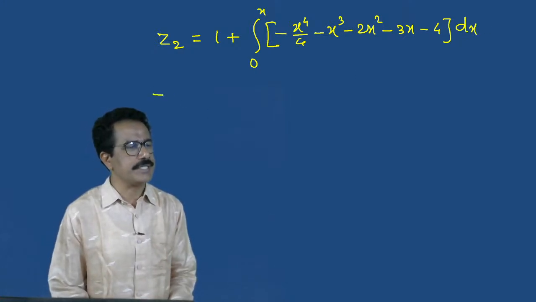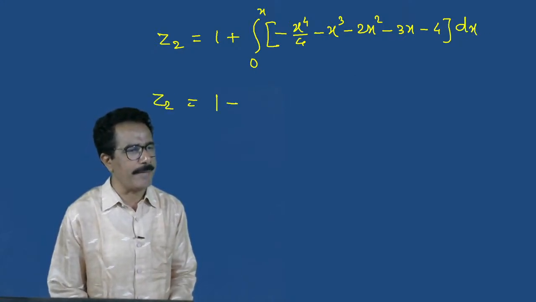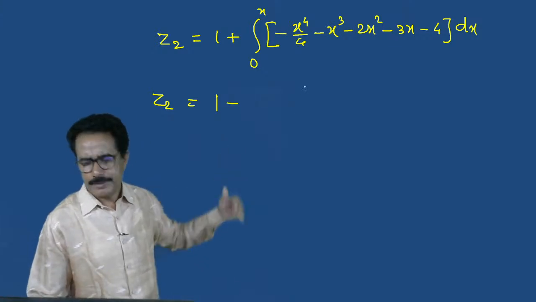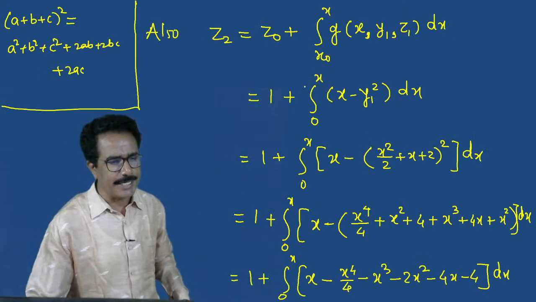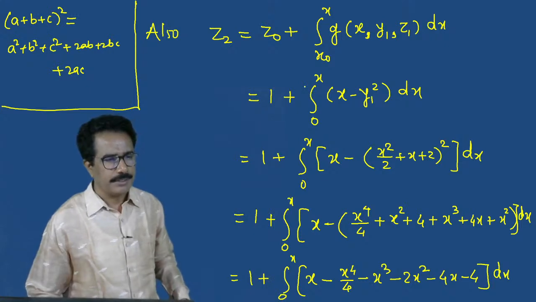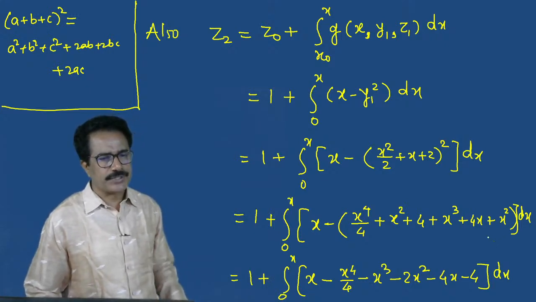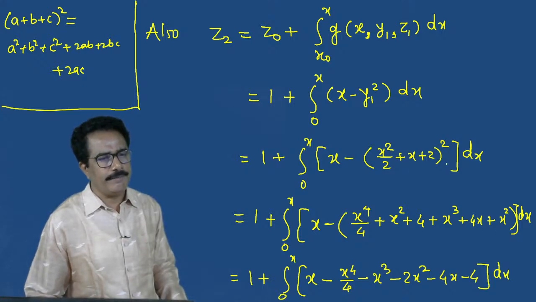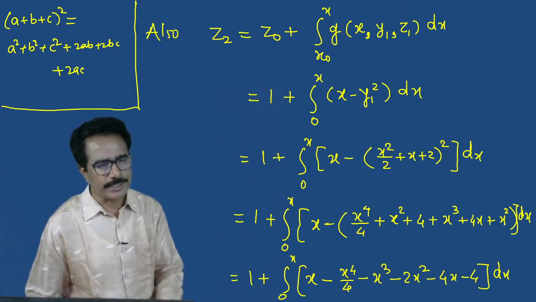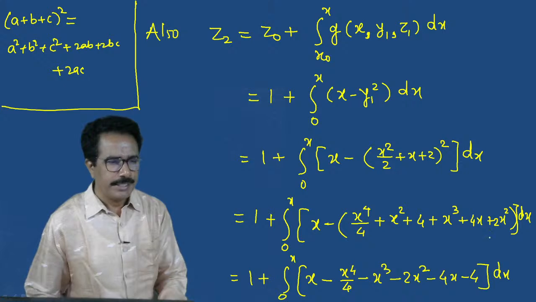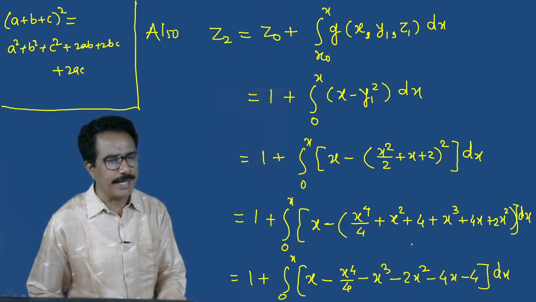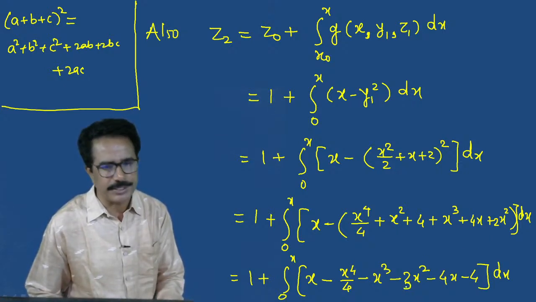Now calculate this. z2 is equal to 1 minus, check this, does the last term come as 2x square? Yes, 2x square, 2 into, okay, 2x square. Is it okay? 2x square plus x square means it will be 3x square.